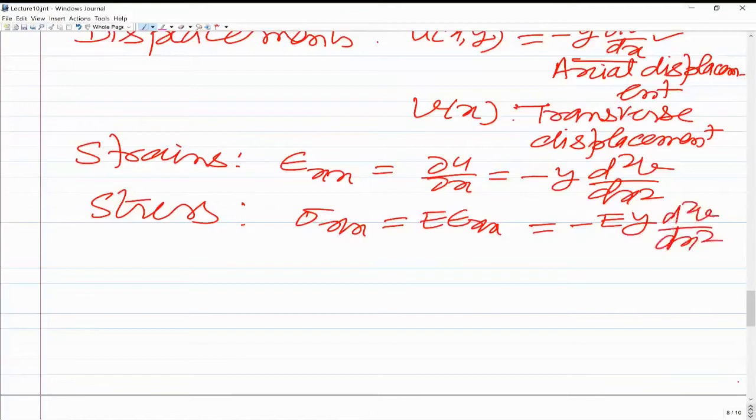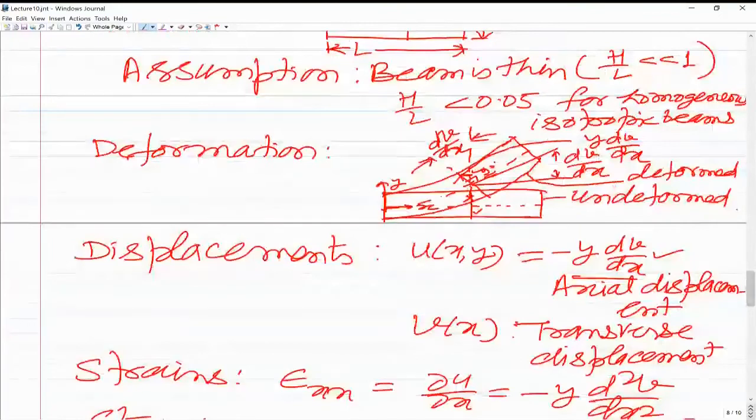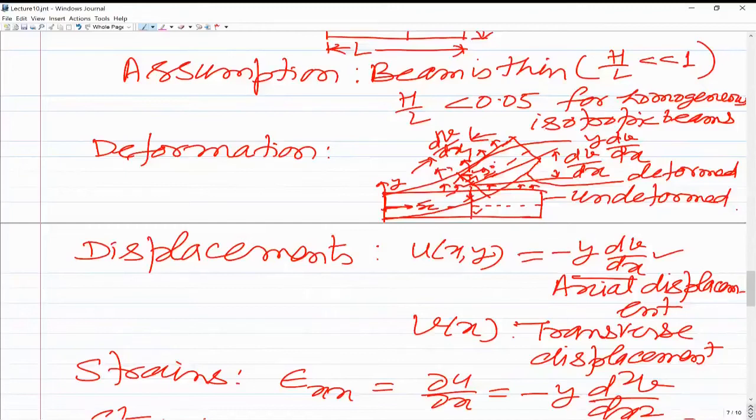So this is the stress, and as I already said, sigma yy is approximately zero. Why am I saying approximately zero? Because the beam may be subjected to a distributed force, let us say at the top surface, and under the action of this force the beam deforms like this. Then at the top surface there would be a non-zero sigma yy, equal to this applied force divided by the width of the beam, but that would be much smaller compared to the maximum value of sigma xx.